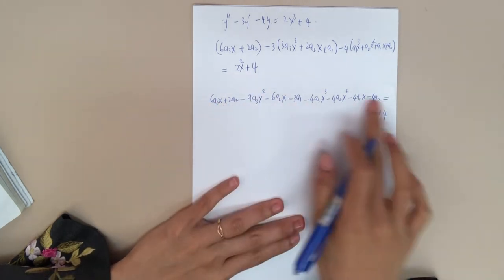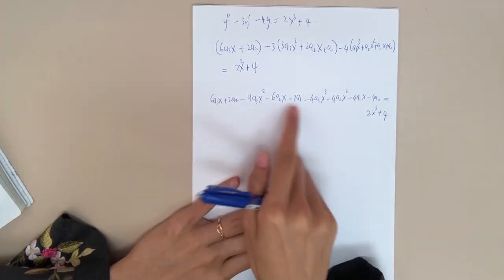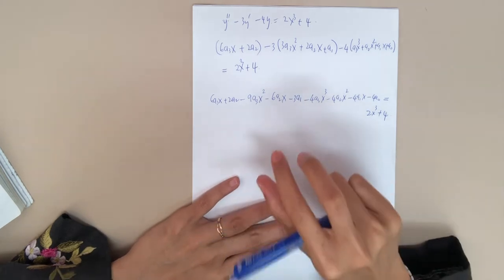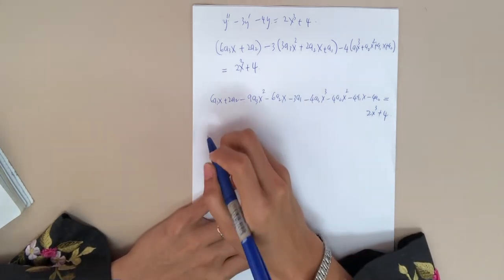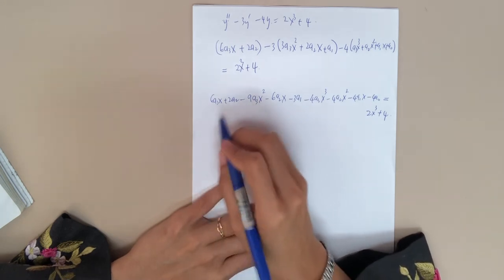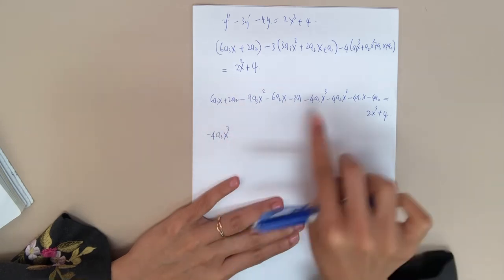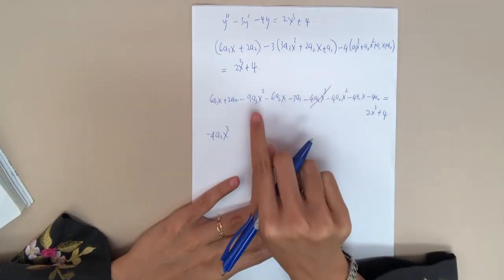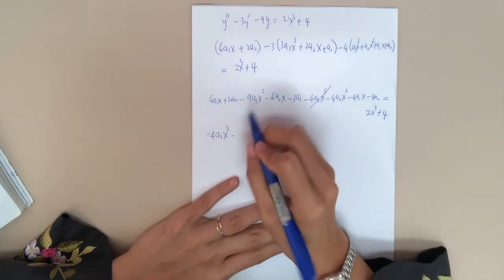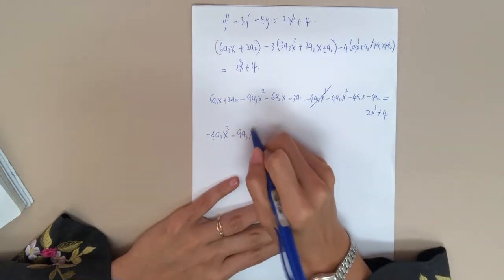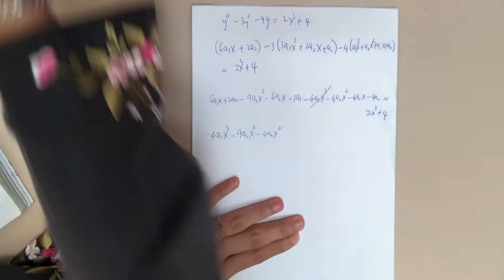Okay, rearrange. What I mean by rearrange? Can you see they have x, they have x squared, x cubed, and so on. So rearrange according to the power of x. We will start with x cubed first. So that means you will have negative 4a3x cubed. Only one, so finished. And then we proceed with the x squared. So they have 9a3x squared and also minus 4a2x squared.